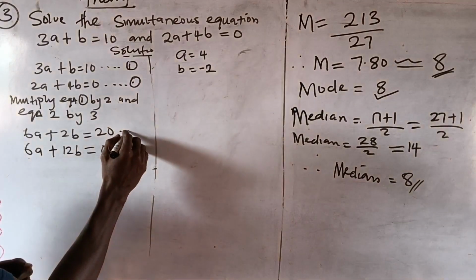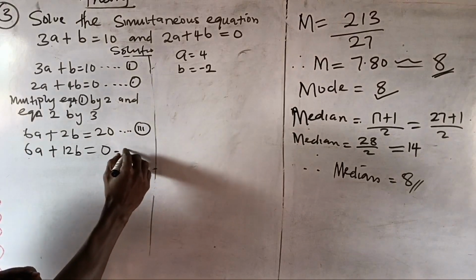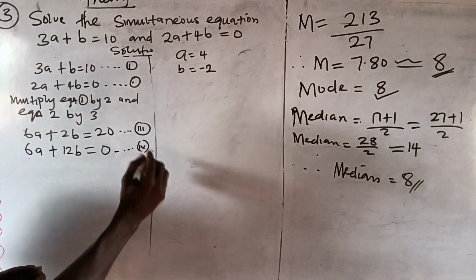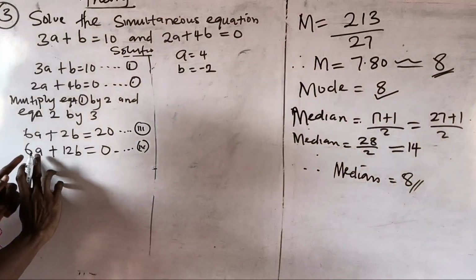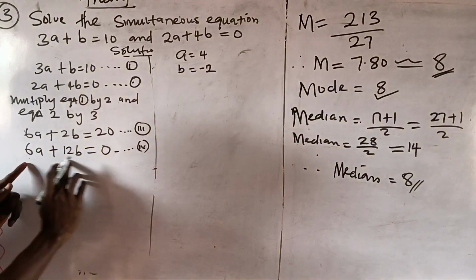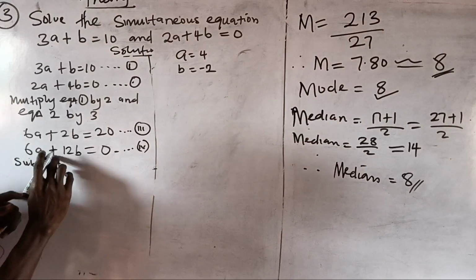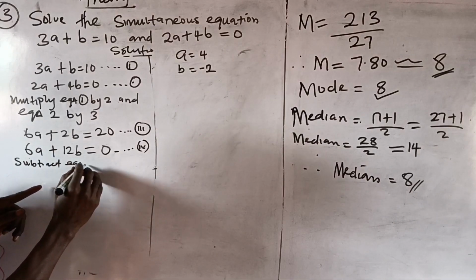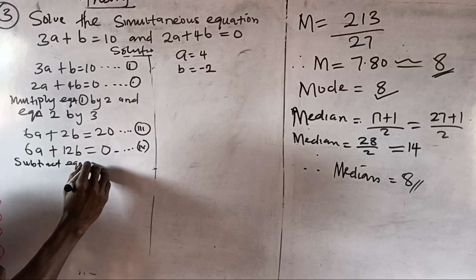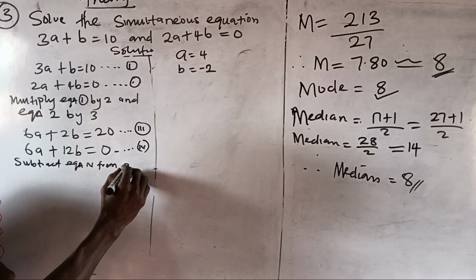Now let's make this equation to be equation 3 while this equation to be equation 4. So we are going to subtract this from this one. So let everything here subtract equation 4 from equation 3.